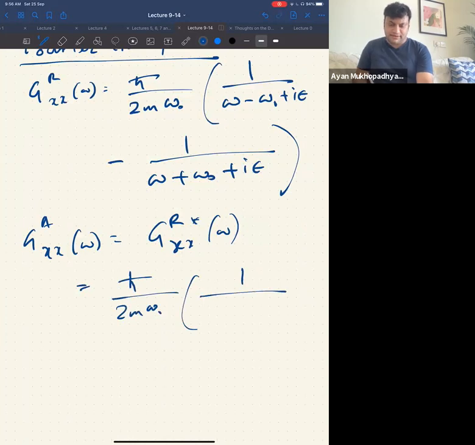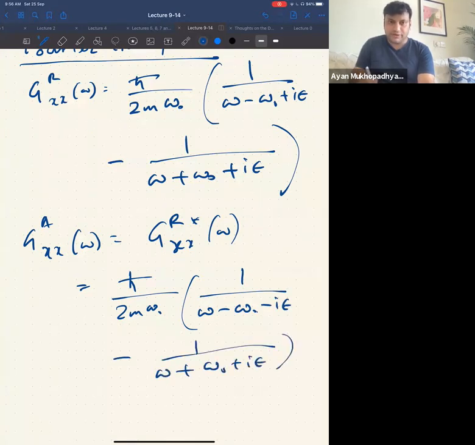So this is something we also did in the last class by using the convolution theorem, and it's simply plus ε becomes minus ε. That's the only difference. Okay.